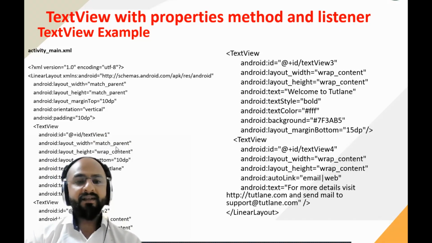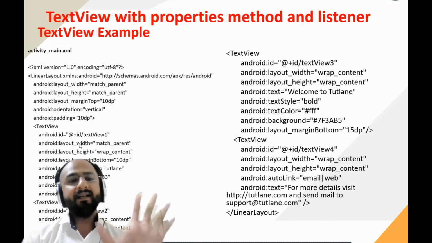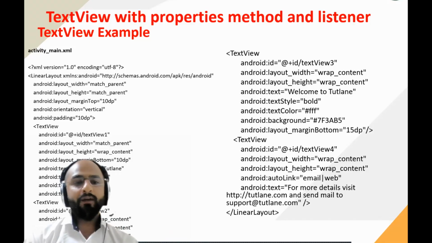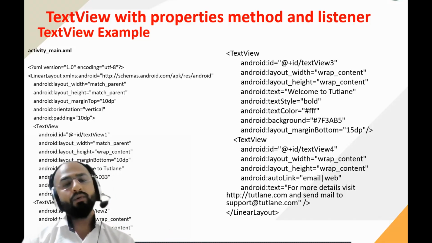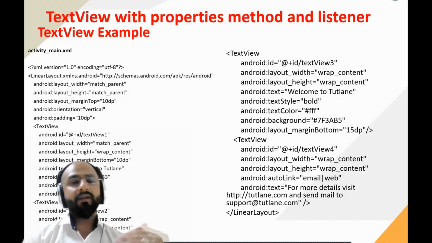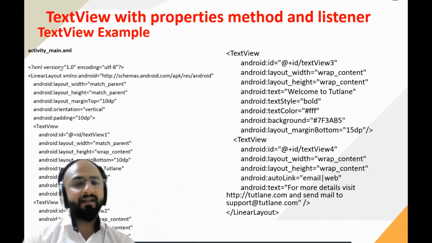Match parent means it will take the width of the text view as its parent has. तो देखो ये टेक्स्ट व्यू जो है, ये टेक्स्ट व्यू का पेरेंट कौन सा है? लीनियर लेआउट है. तो ये क्या करेगा कि लीनियर लेआउट का जितना भी विथ रहेगा उतना विथ ये टेक्स्ट व्यू का हो जाएगा ऑटोमेटिकली. मैच पेरेंट. सो इट इज टोटली मैचिंग विद द पेरेंट. पेरेंट का जितना भी विथ रहेगा उतना विथ ये टेक्स्ट व्यू का हो जाएगा. इट इज कॉल्ड मैच पेरेंट.